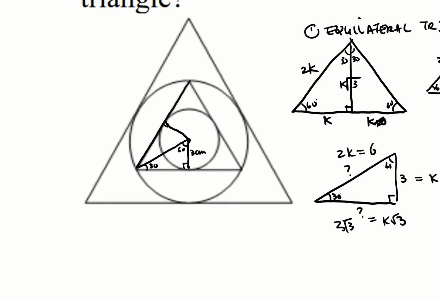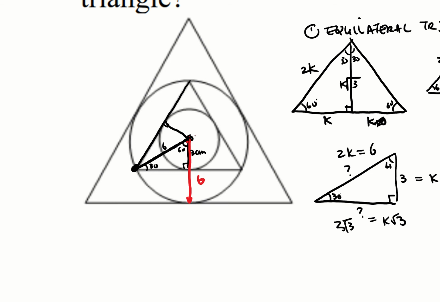So again, from the center to this point is the radius of the bigger circle, right? That length is 6. So if I were to change colors, let's say use red pen, that means that from center to down over here, this part will also be 6 because it's also the radius, okay?